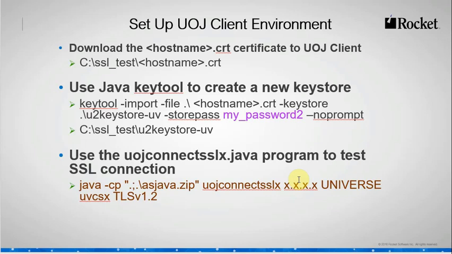Then you can use the keytool to create a new keystore with the newly created self-signed certificate. Also in this demo, we'll provide one simple UOJConnectSSLX tool to make an SSL connection to your UniVerse server.